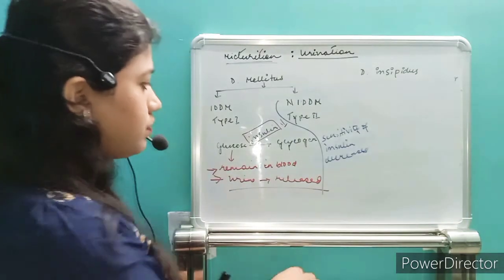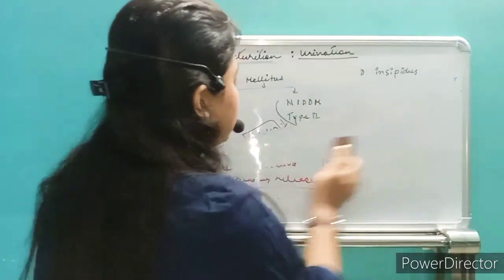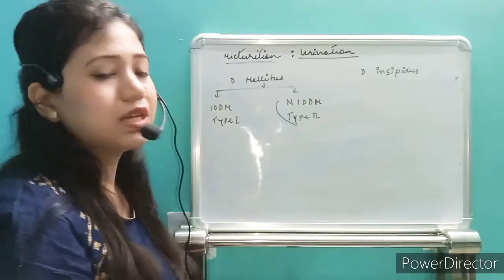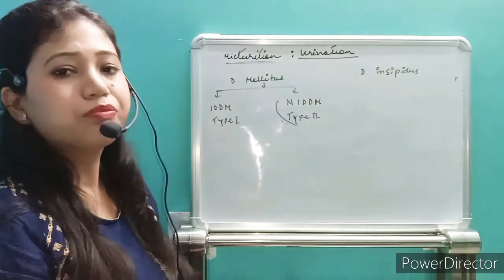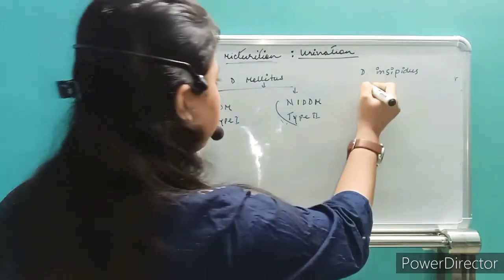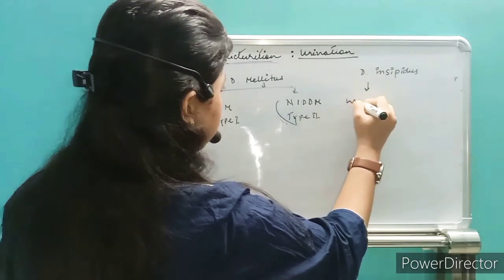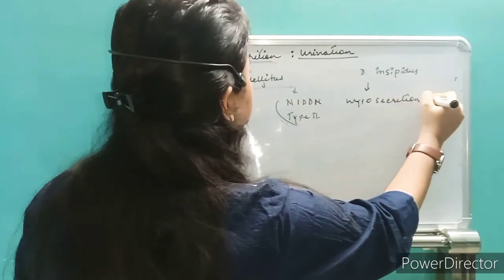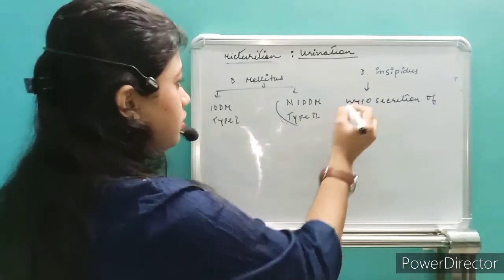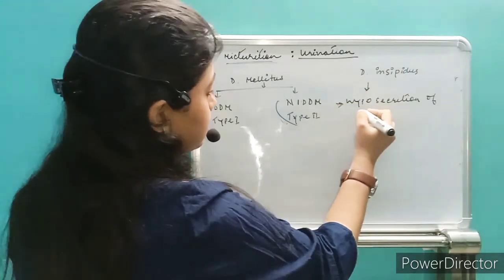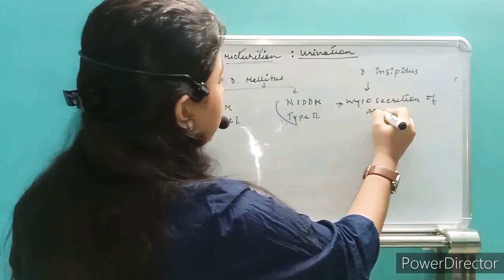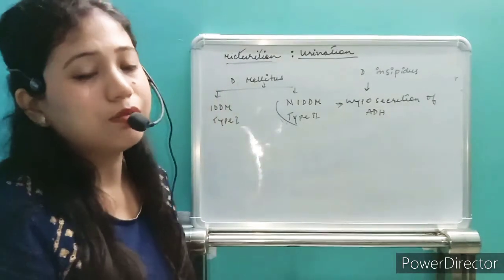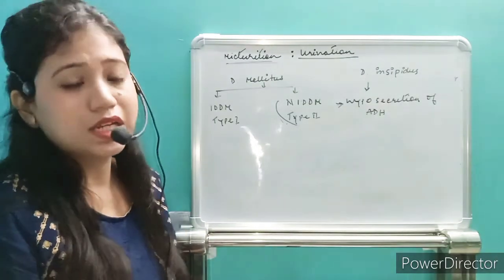The next type of disease is diabetes insipidus. So what is happening in diabetes insipidus? It is actually a condition of hyposecretion of ADH, the antidiuretic hormone.